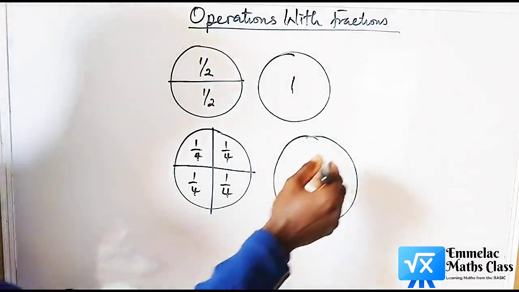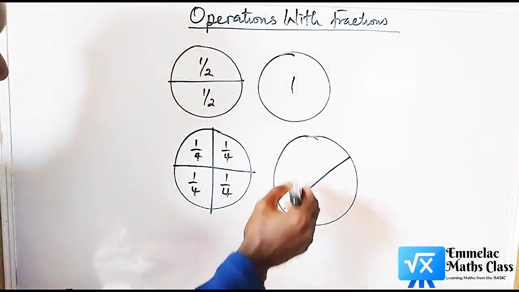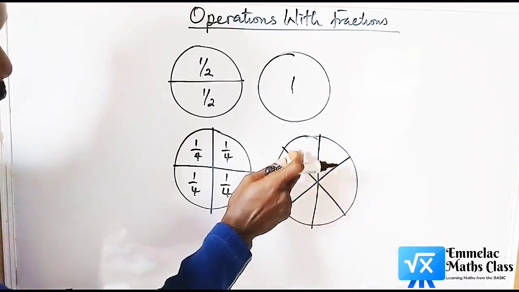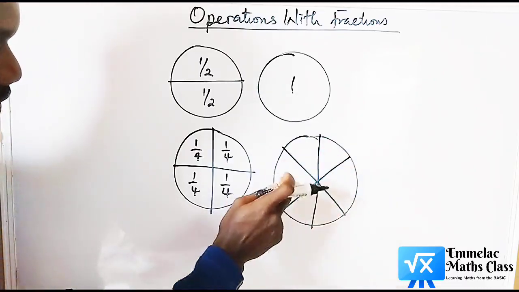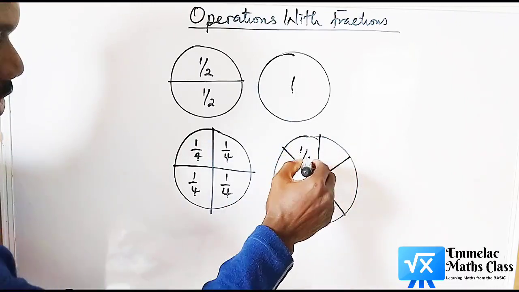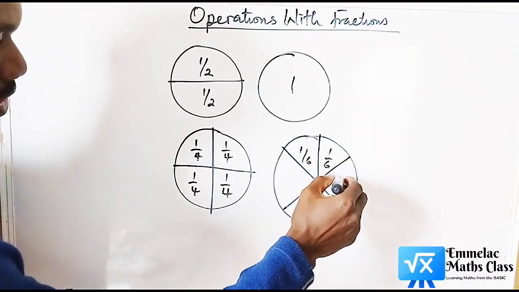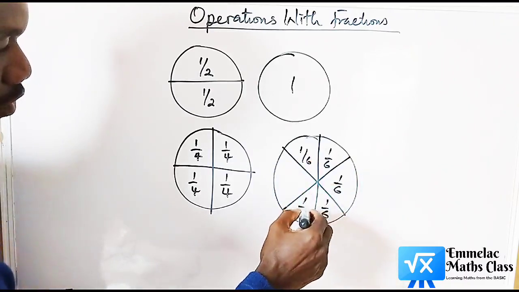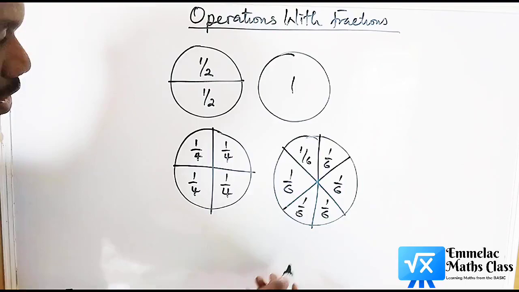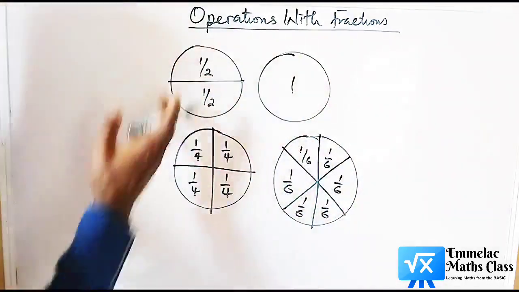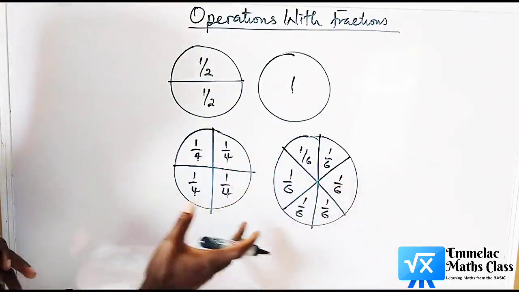If I decide to share this into 6, you can see 1, 2, 3, 4, 5, 6. Each is 1 over 6. This in essence is what we call a fraction.